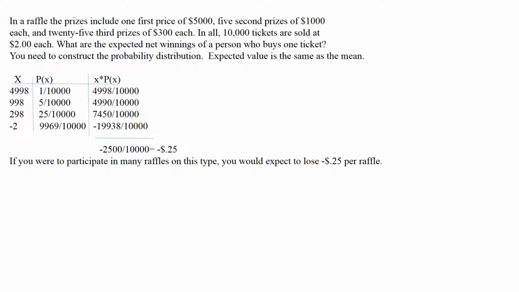This gives you the following: 4,998 out of 10,000, 4,990 out of 10,000, 7,450 out of 10,000, and negative 19,938 out of 10,000. Now, add the amounts together, you get negative 2,500 over 10,000, which equals minus 25 cents. If you were to participate in many raffles of this type, you would expect to lose 25 cents per raffle.